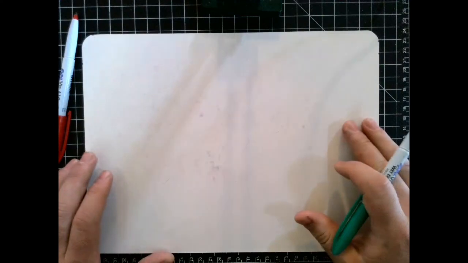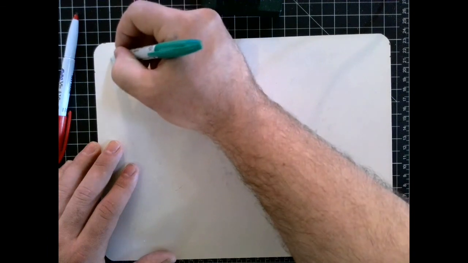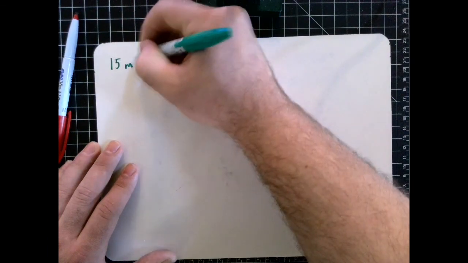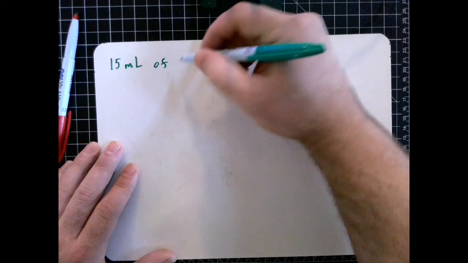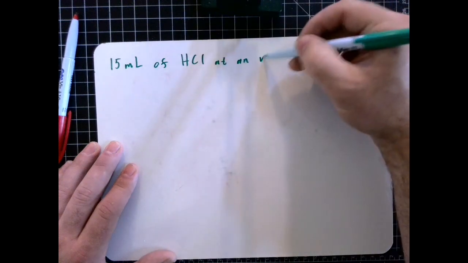A titration is going to give you a problem. Let's say we start with 15 milliliters of HCl at an unknown concentration.